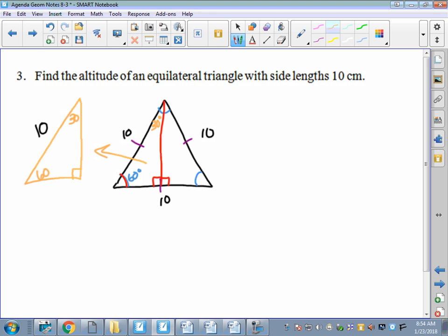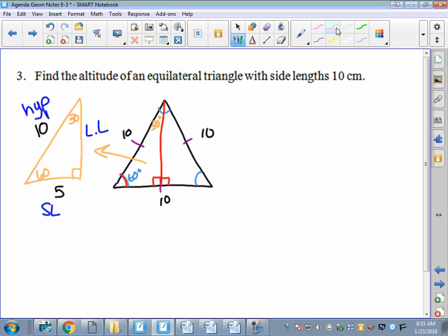So that should actually be a 5, and we could find that with our 30, 60, 90 rules as well. So is the 10 the long leg, the short leg, or the hypotenuse? Looks like the hypotenuse to me, opposite the right angle. This side down here on the bottom is the short leg. This side up here is the long leg, the vertical.